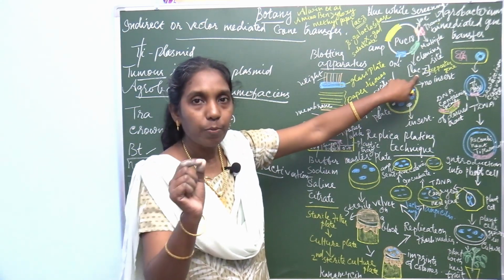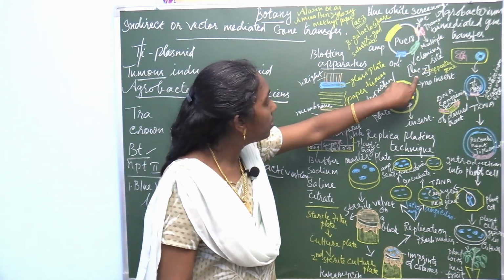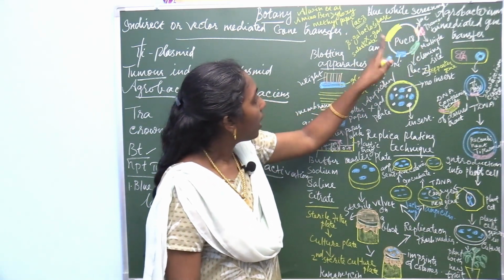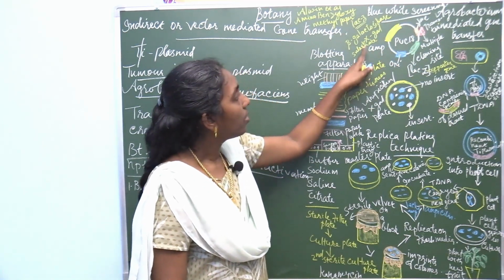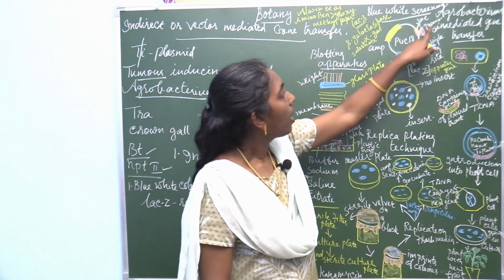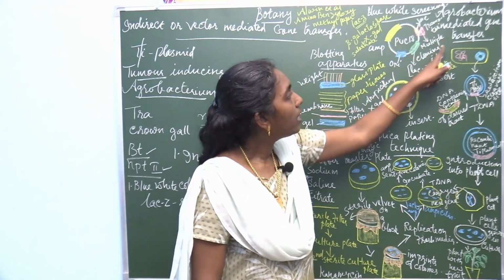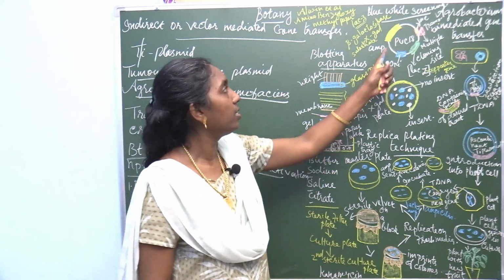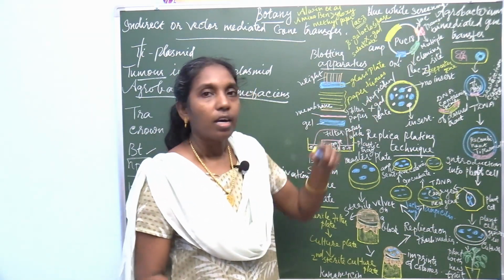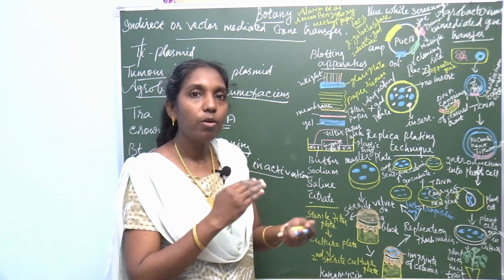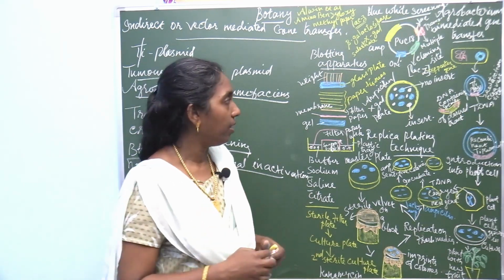There is also an ampicillin resistance gene, and multiple cloning sites are also present. As a result, blue colored and white colored colonies are developed.